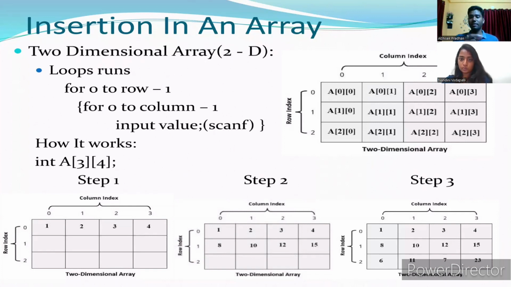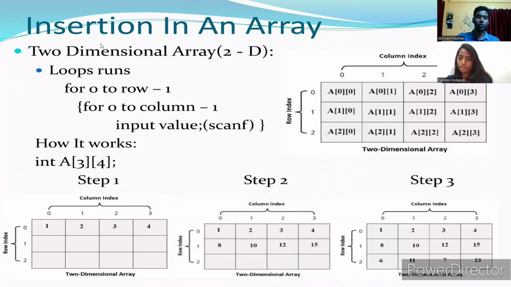In the previous one-dimensional array examples, there was only one variable which we were using to iterate and move forward. But in two-dimensional arrays, one single variable is not sufficient because there is not just one single column or one single row. Here, there is the concept of both rows as well as columns.